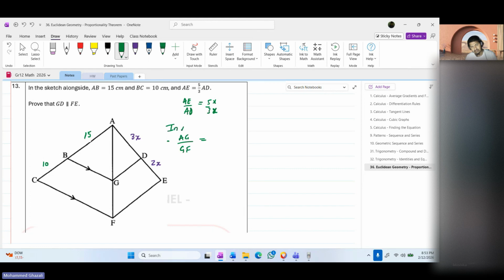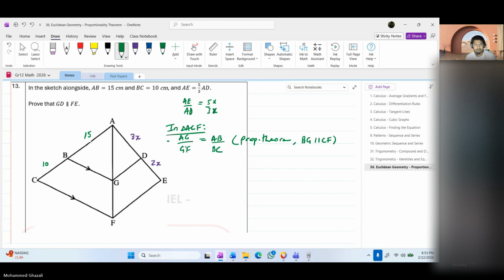In triangle ACF, we have AG over GF equals AB over BC. And we're going to say proportion theorem. Why? Because we got BG parallel to CF.